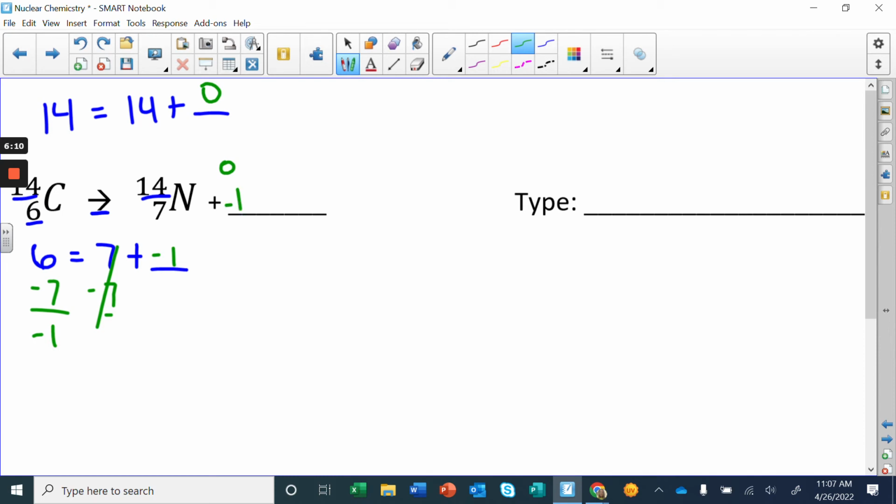So -1 on bottom. The type of symbol that goes with this, if we have a 0 and a -1, should be an indication that it is an electron that's being released, or your beta symbol. So this is a beta decay.